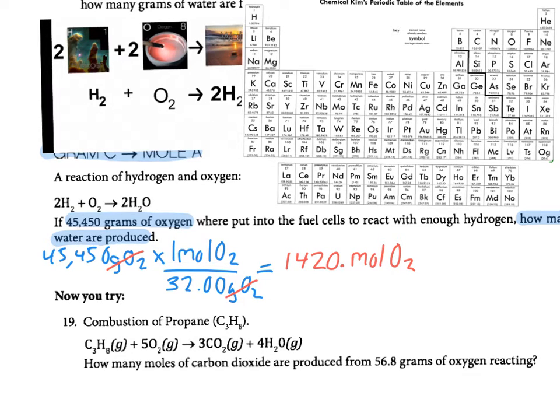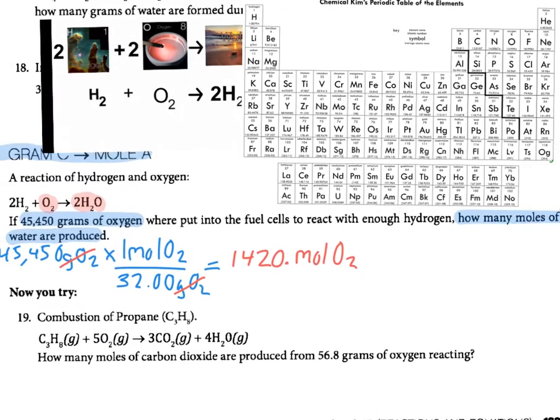My next step, because it's the relationship between oxygen and water, and I have my quantity of oxygen in moles, I can actually now do the bridge step. So I would take that 1420 moles of O2 to calculate this.